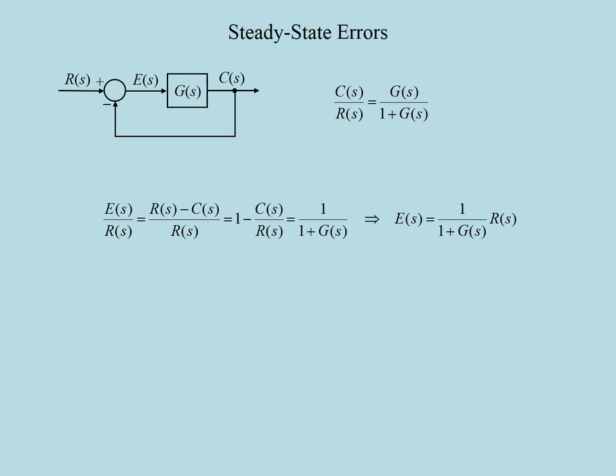To find the steady-state error for some specified reference input, we can use the final value theorem, which states the limit as t goes to infinity of e(t) is the limit as s goes to 0 of s times E(s). And that means the limit of s R(s) divided by 1 plus G(s).